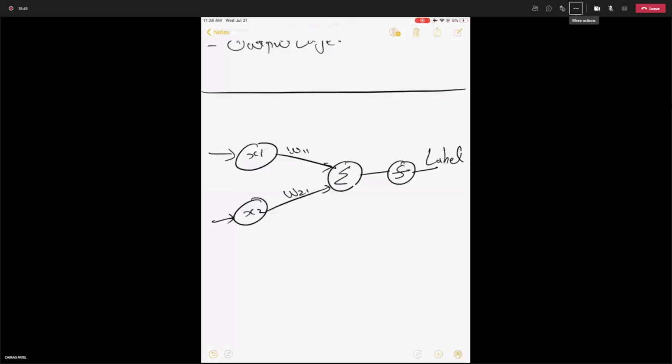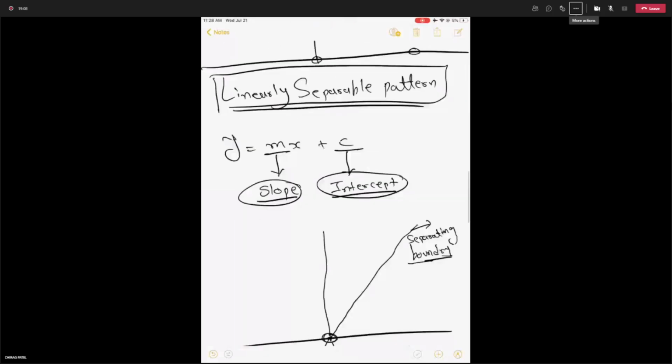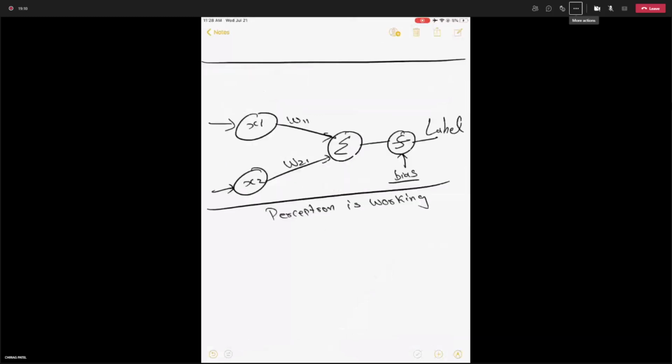These are your two inputs. So how exactly is your perceptron working? We need to initialize your weights and bias initially.